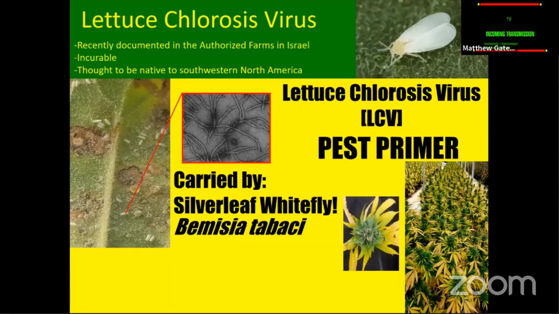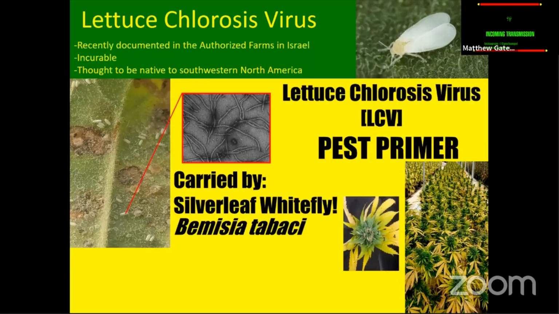And those plants are usually not worth saving, because they're annuals, sort of the process that we have to affect viruses, which is typically through tissue culturing and that sort of thing. So usually if you get this pathogen, which is vectored by the silverleaf whitefly, Bemisia tabaci, which you can see in the upper right here, at that point, you kind of are at a loss. And that's just the unfortunate reality at this point.